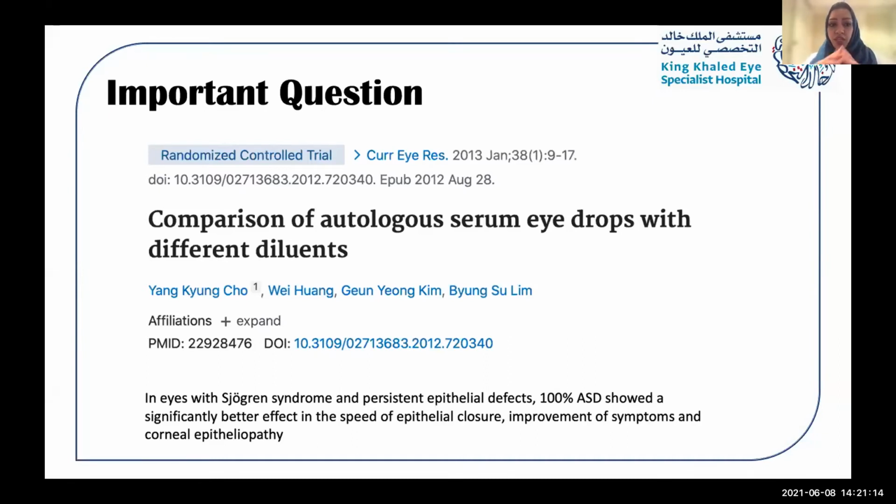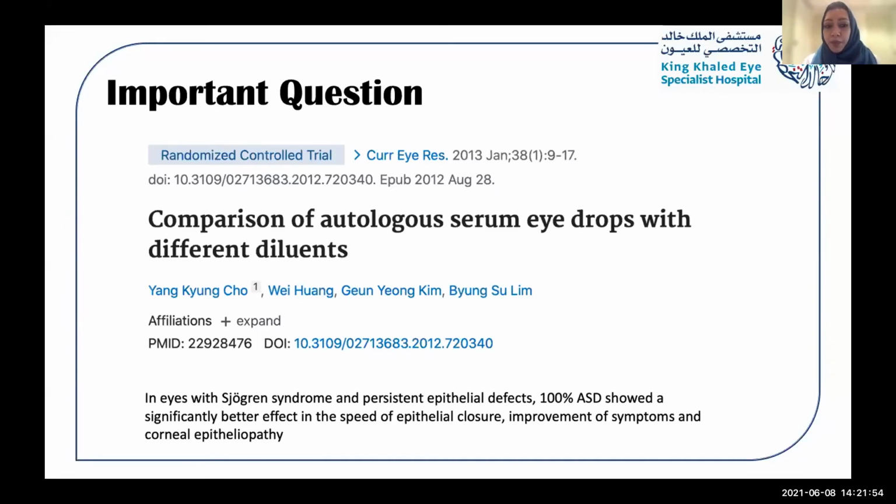This is one of the very nice studies comparing the effects of autologous serum with different concentrations, but also different diluents. When I mentioned that we get the supernatant and then dilute it to the certain concentration that we like, what do we use? We sometimes use serum BSS, but others proposed that if we use sodium hyaluronate, which has higher viscosity, this will lead to the drop lasting longer on the ocular surface.